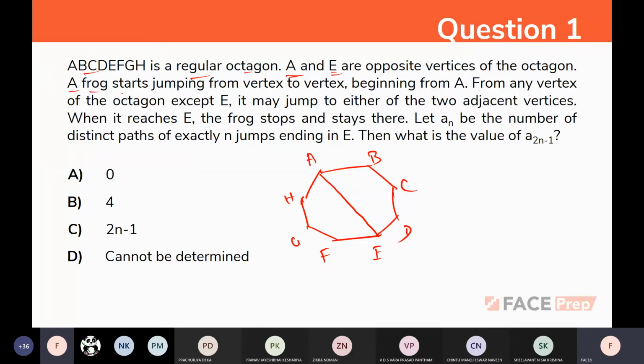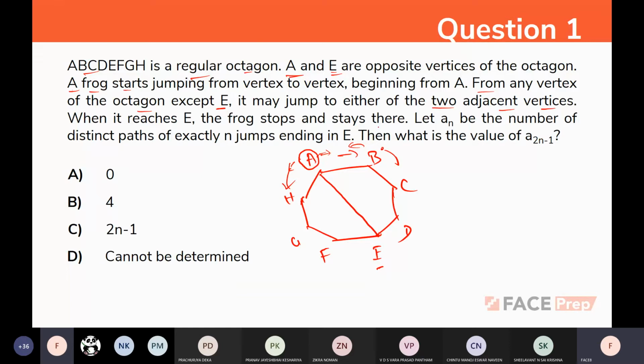A frog starts jumping from vertex to vertex, beginning from A. From any vertex of the octagon except E, it may jump to either of two adjacent vertices, which means it can jump from A to B or H, or from B to C or A. It is the frog's decision.